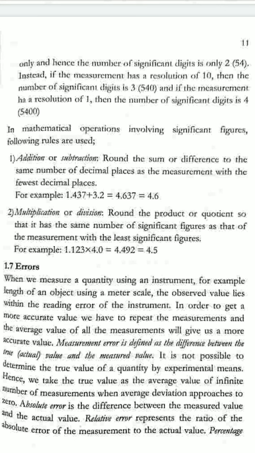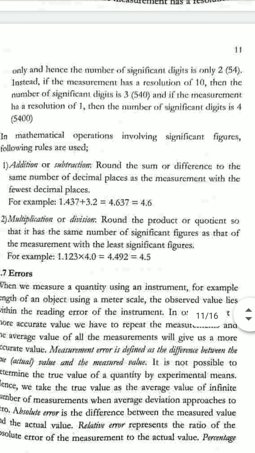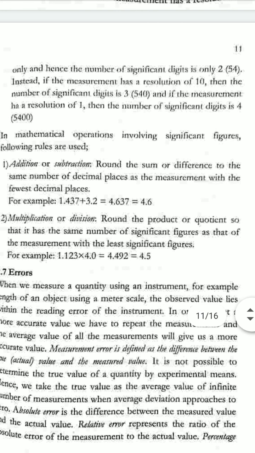The remaining 2 digits you don't need to write, because we have the rule that for a sum or difference, the answer has the same number of decimal places as the measurement with the fewest decimal places.